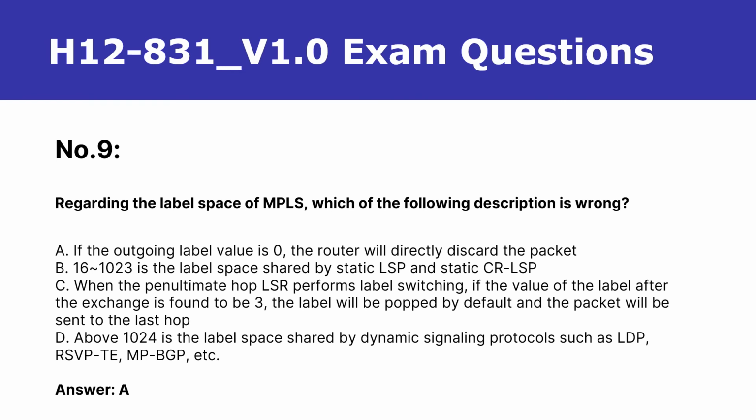C. When the penultimate hop LSR performs label switching, if the value of the label after the exchange is found to be 3, the label will be popped by default and the packet will be sent to the last hop. D. Above 1024 is the label space shared by dynamic signaling protocols such as LDP, RSVP-TE, MPBGP, etc. Answer. A. Number 10.